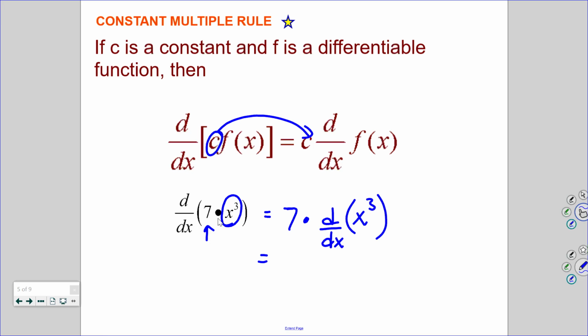Kind of like when we did limits, we could pull the constant out in that case. So if I take the derivative of x to the third, the 3 comes out in front, the x, and then we subtract 1 from the power. So 7 times 3 would give me 21x squared.